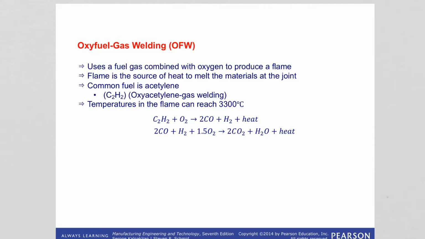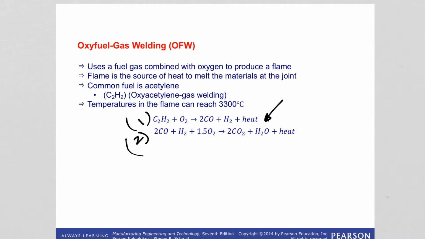In the first stage, supplied oxygen and acetylene react to produce carbon monoxide and hydrogen, as you see in the first stage. This reaction occurs near the tip of the torch and generates intense heat.